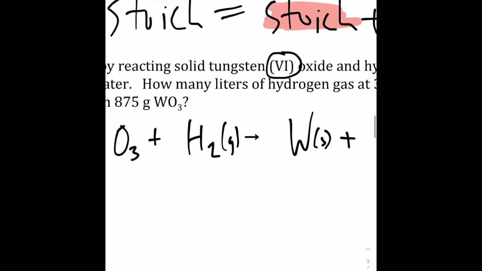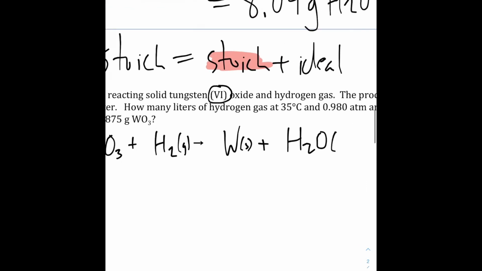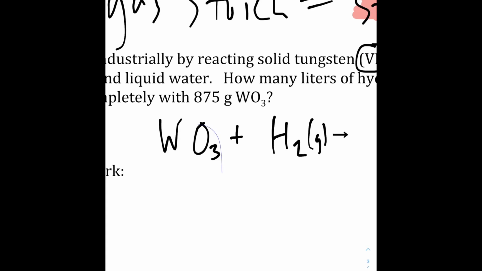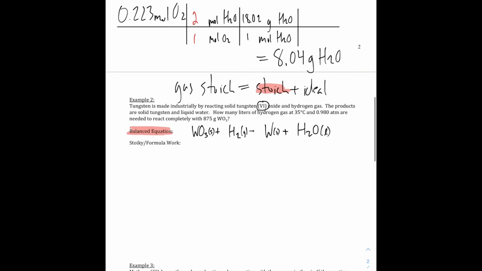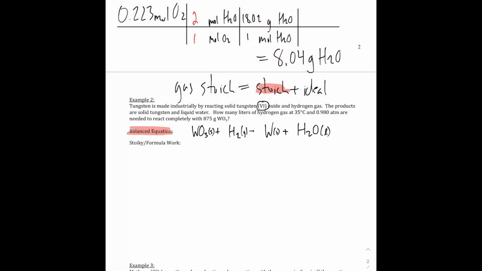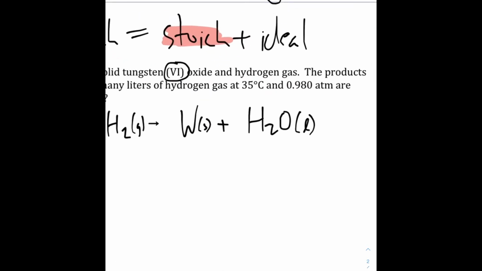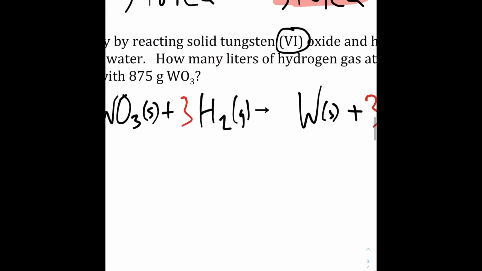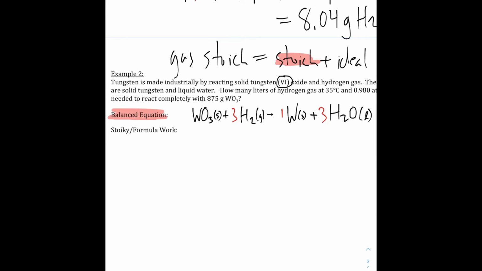Gas, solid, liquid, and move this over a little bit. Solid. Okay. Is it balanced? No, unfortunately it's not. We have 3 oxygens on the left-hand side, 1 on the right. Let's see if we can fix that. That would require putting a 3 there, which means we have to put a 3 here. And now I think we're balanced.